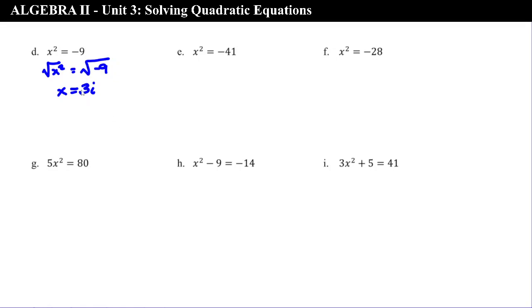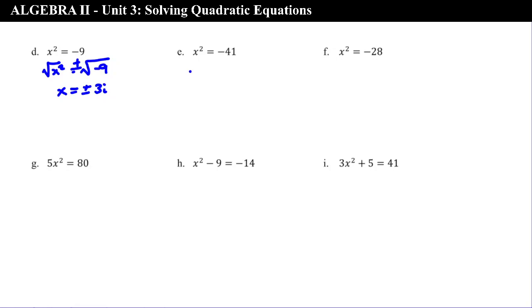Now, this is not absolutely correct, because what did I forget? I forgot to put plus or minus on my square root. So your answer is not going to simply be 3i, because when you take the square root, you're going to have two numbers that are answers in most cases. So instead of just 3i, your answer should be plus or minus 3i.